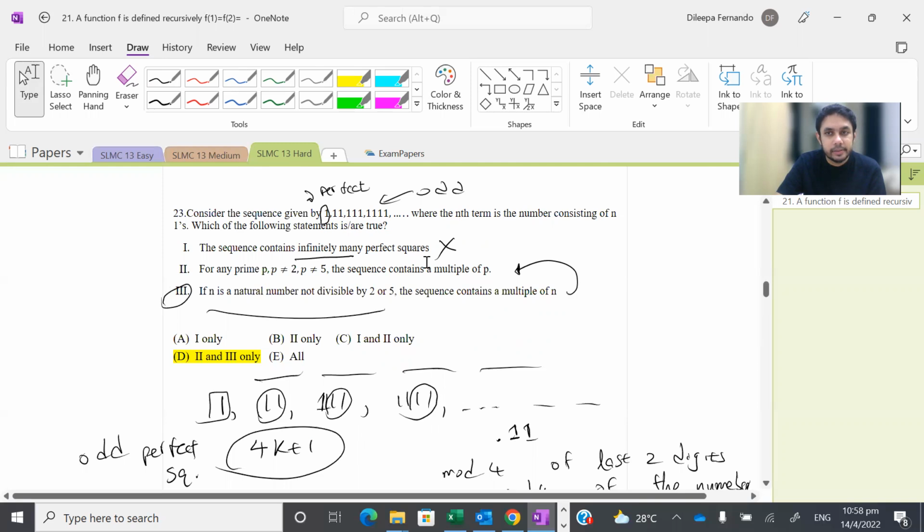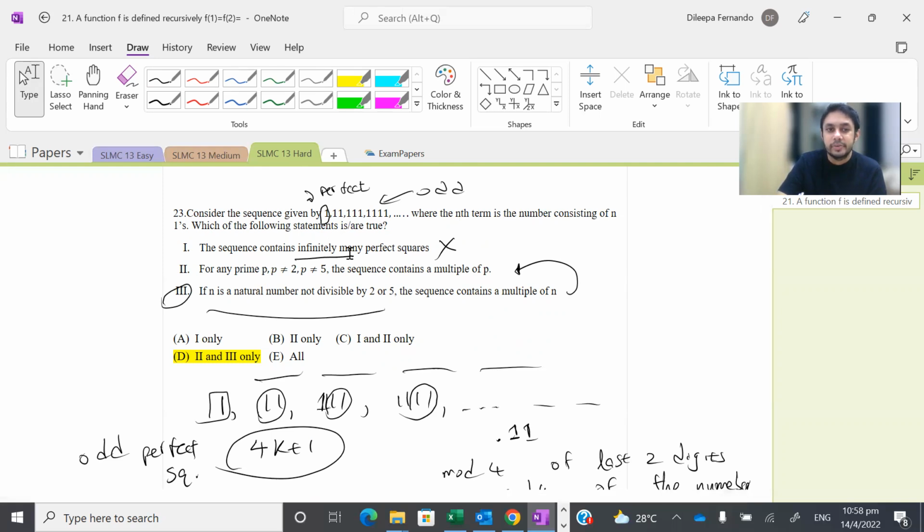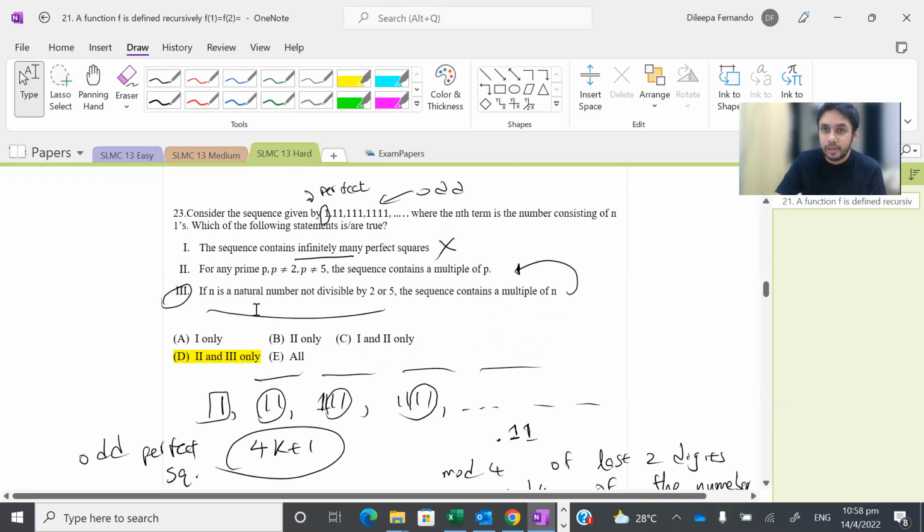And in terms of divisibility, we are considering modular classes, and we need to prove that there is one in the modulo 0 class. But in order to prove that, we need to consider all the modulo classes, and there are n modulo classes, and we choose n plus 1 terms from the sequence, and one modulo class is repeated.